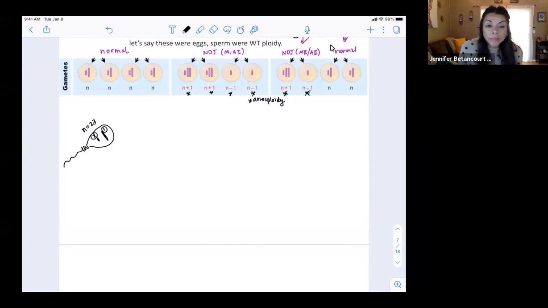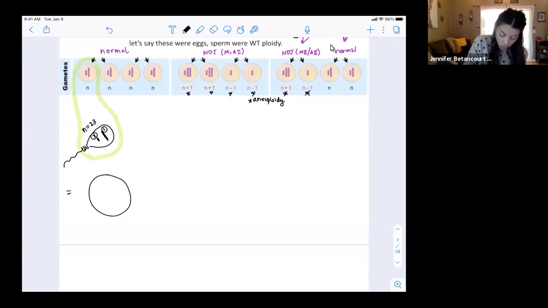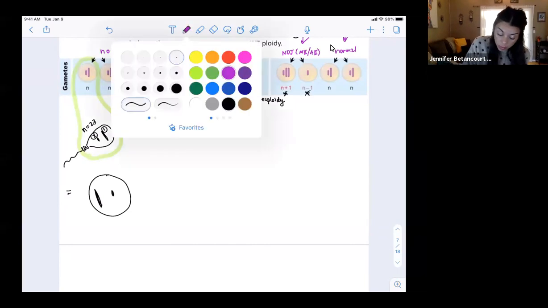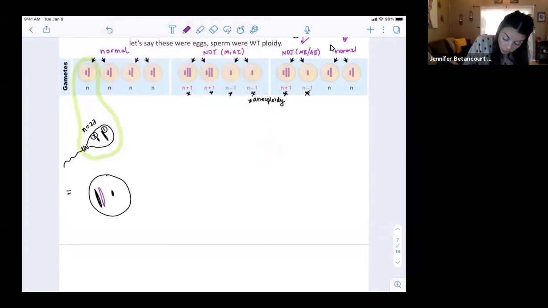Okay. So you can clearly see that if, I'm just gonna highlight this, if this sperm fertilized this egg, the product would be an embryo, right, with a set of chromosomes from the sperm and a set of chromosomes from the egg. And this embryo is now a 2n equals 4.